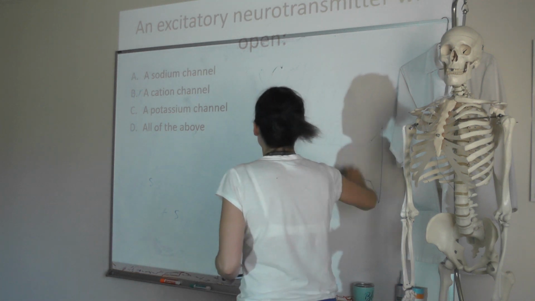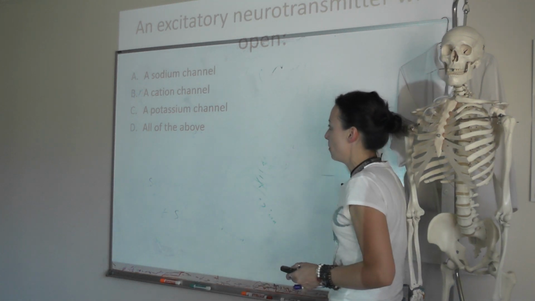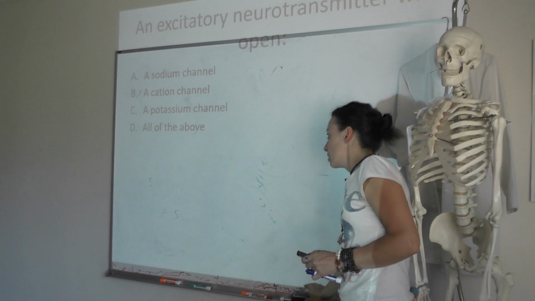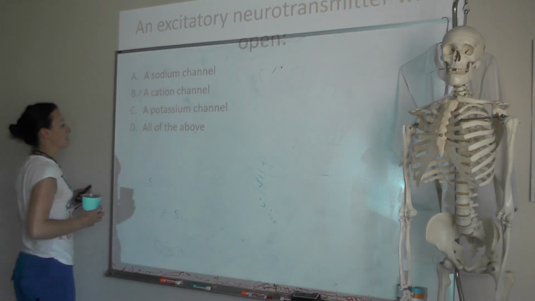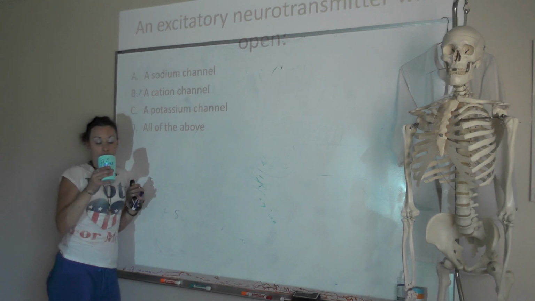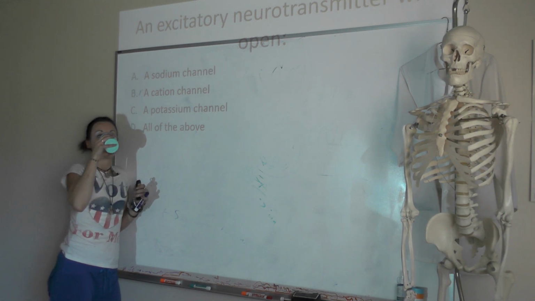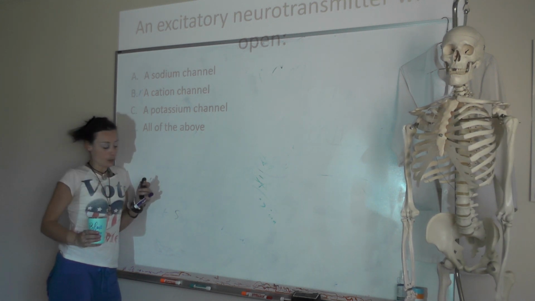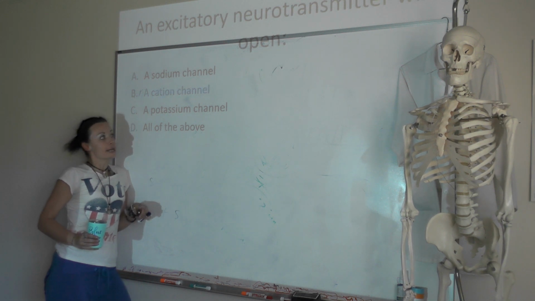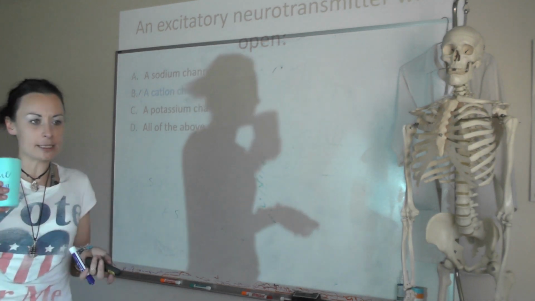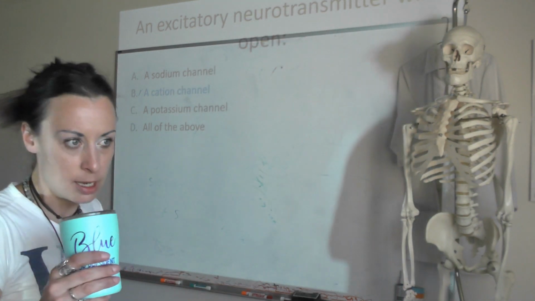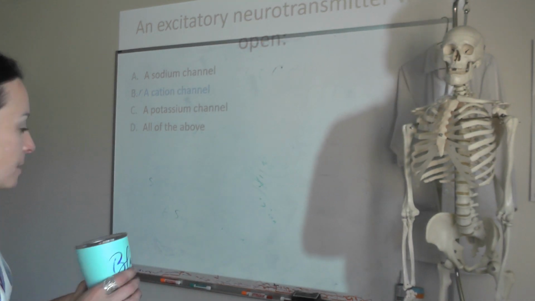Skipping it. An excitatory neurotransmitter will open: A, a sodium channel, B, a cation channel, C, a potassium channel, D, all of the above. The answer is cation channel. Some of you are wondering, wait a minute, I thought sodium is what caused an excitatory postsynaptic potential.